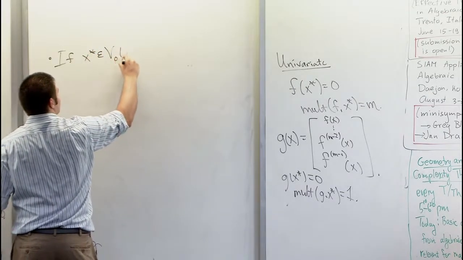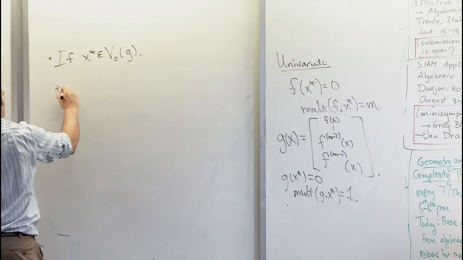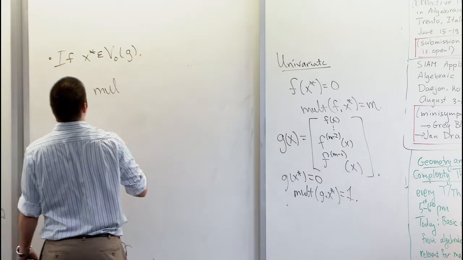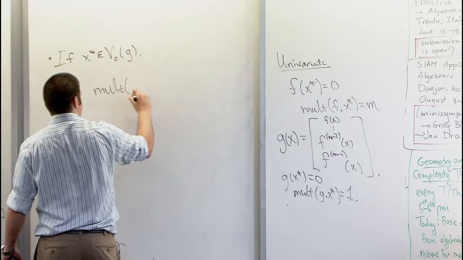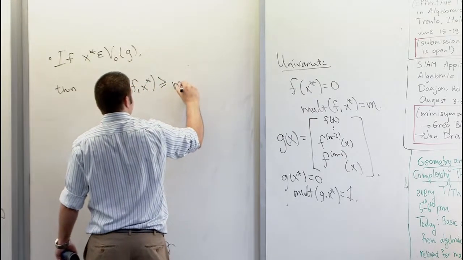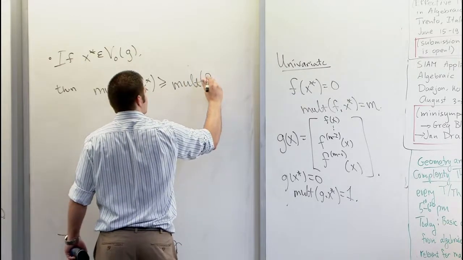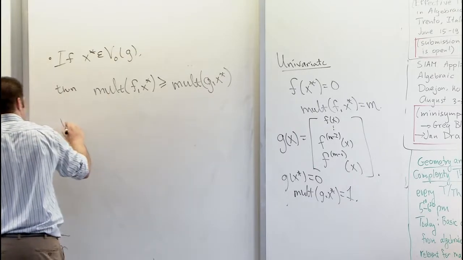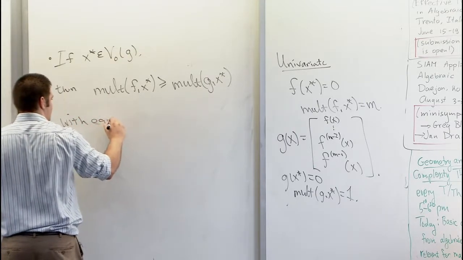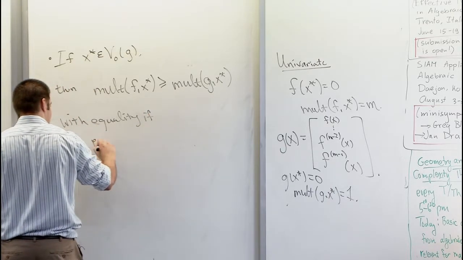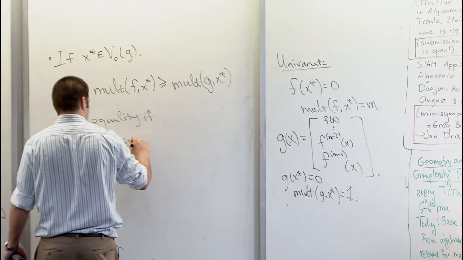Suppose I have an isolated solution of g, then if x is in here, the multiplicity of f is greater than or equal to the multiplicity of g, with equality if either is 1.